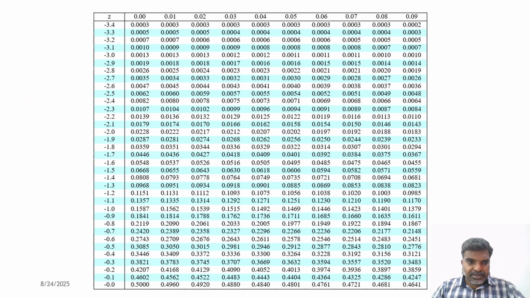So 0.31, okay, here. This area is 0.31. If you look for 0.31 here, we have to consider the nearest value. The nearest value you can take is 0.308. What about the corresponding z value? Minus 0.5. So your corresponding z value is minus 0.5.